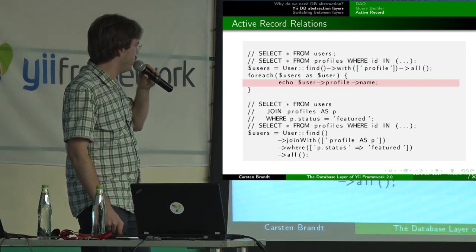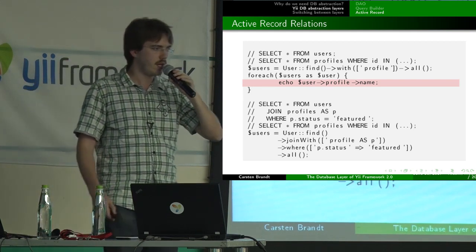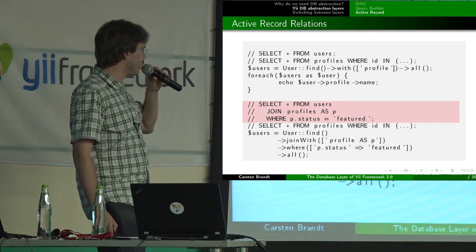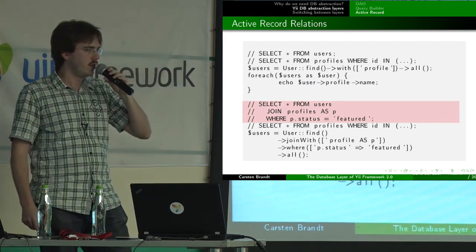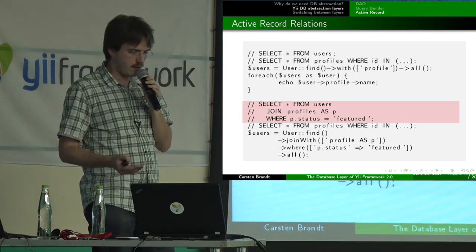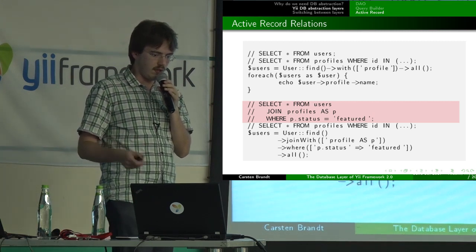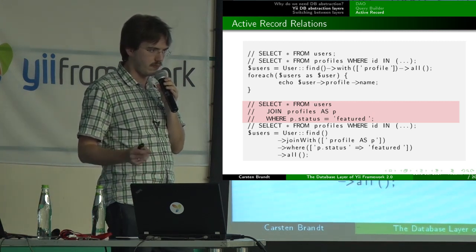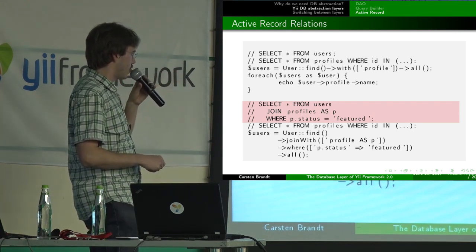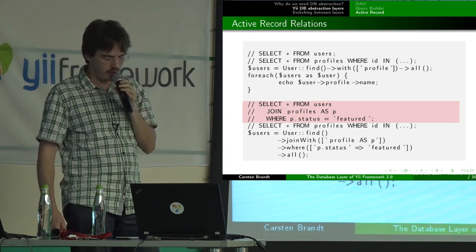There's a difference between, as you've seen here, there's no join. We do two queries to the database. And if you want to work with the related data in the SQL, so you want to specify a condition, for example that the status of the profile should be featured, you have to do a join, so the database can actually access this status field to check the condition.